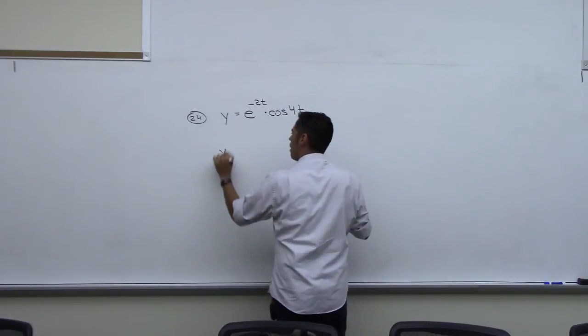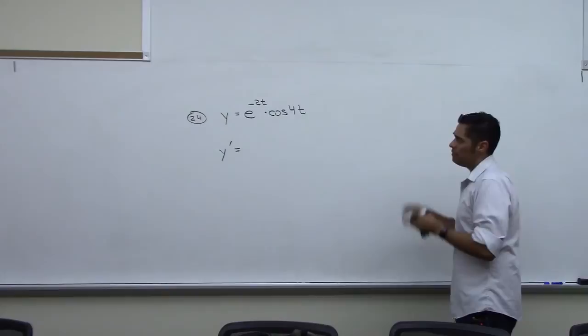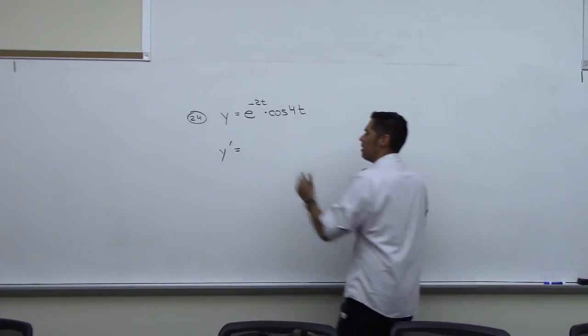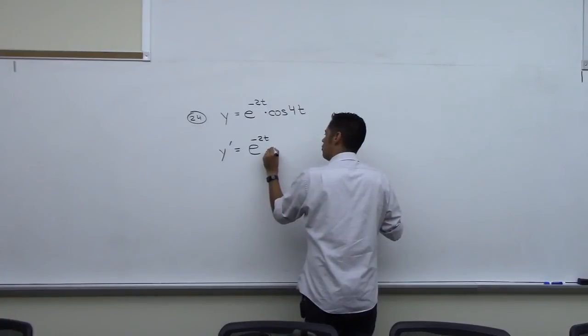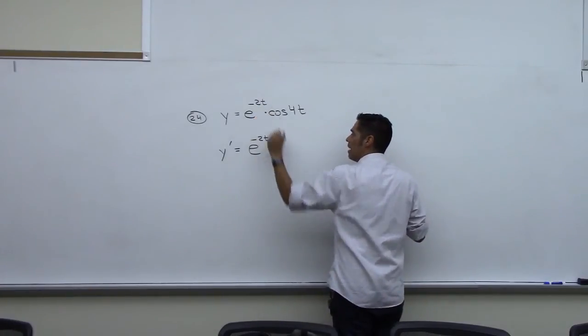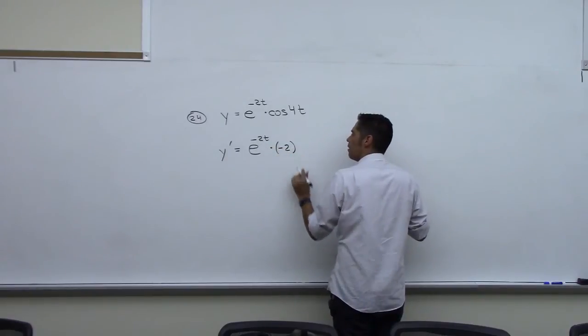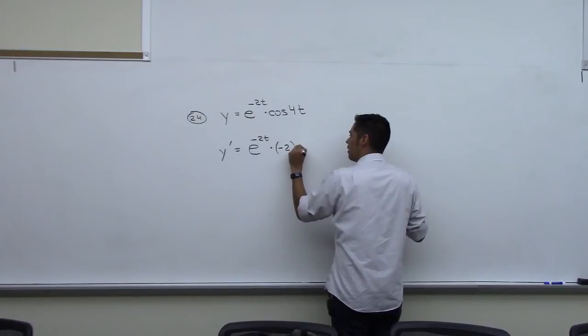So y prime will be the derivative of the first one. Now we have to be a little careful here. Derivative of e to anything is itself. So I put e to the negative 2t. But then I have to do chain rule. Times derivative of what's up here with respect to t, that'll just be negative 2. Okay, so I'm doing product rule, so the derivative of the first one is done, times the second one.